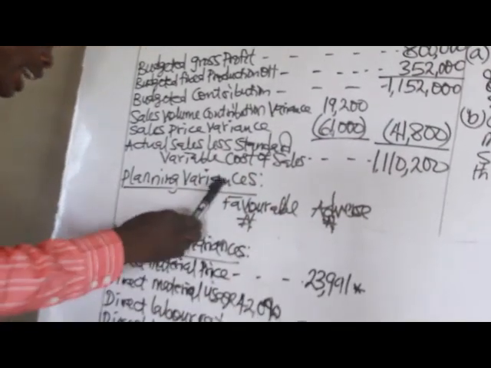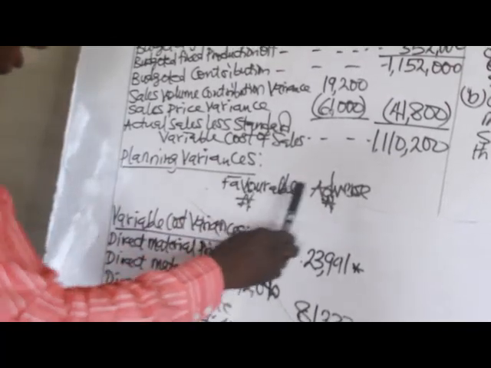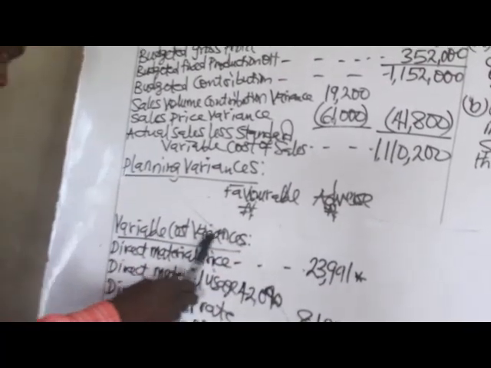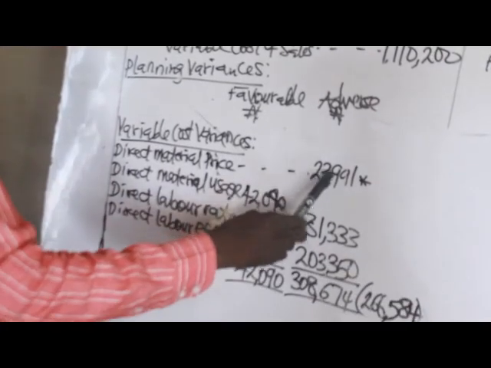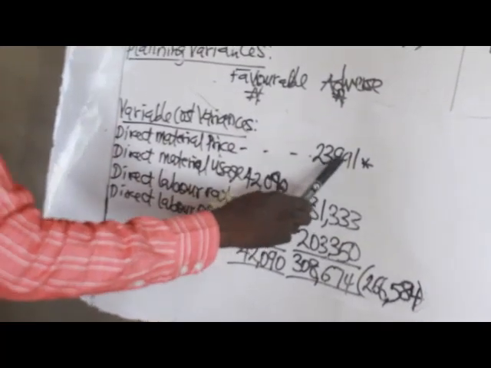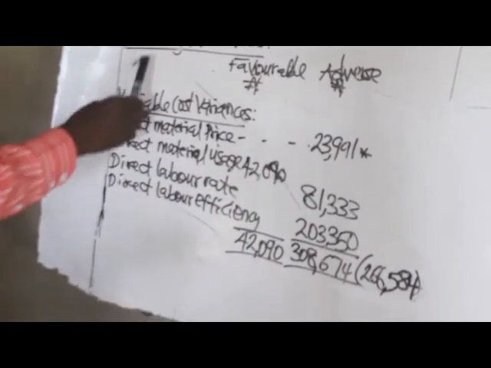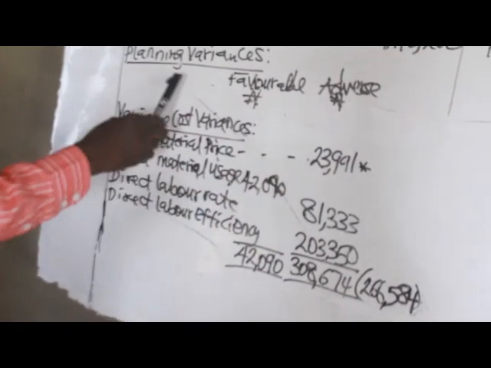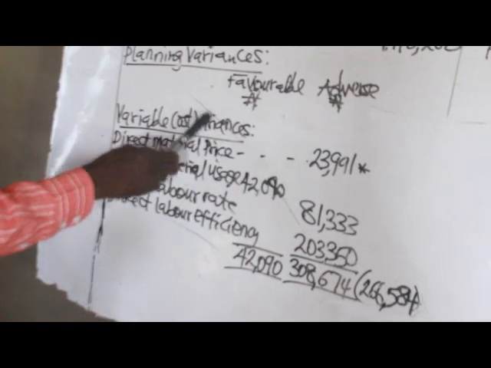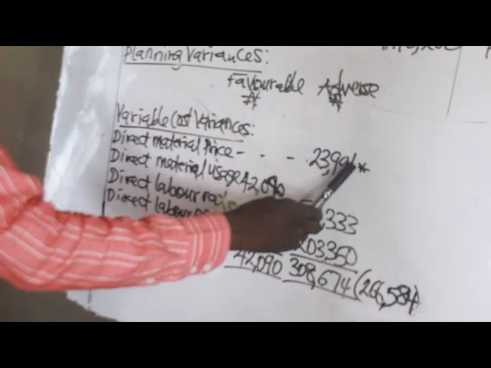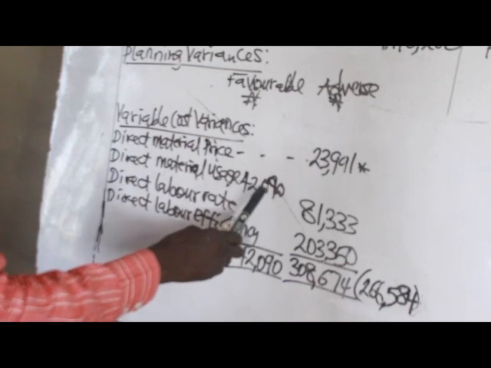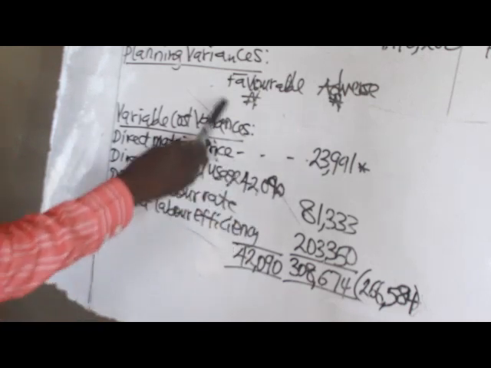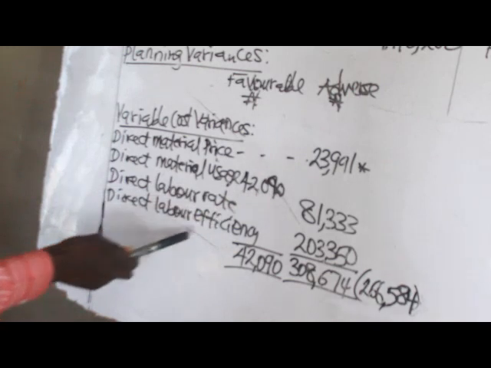We have planning variances, favorable and adverse. Variable cost variance, which includes direct material price. We have adverse variance of 23,991. That is direct material price planning variance 23,991. This is direct material usage planning variance 42,090.